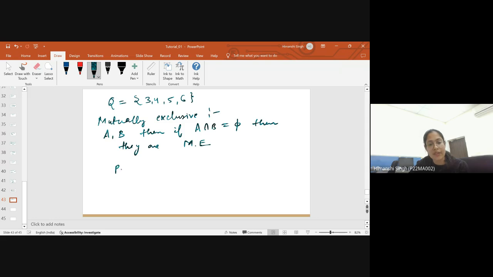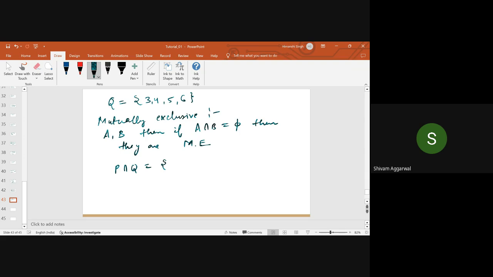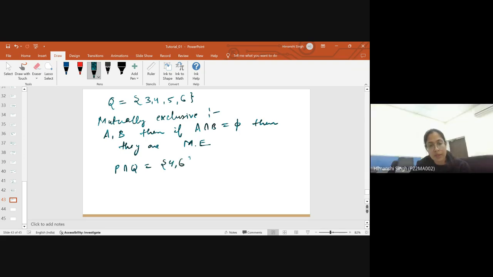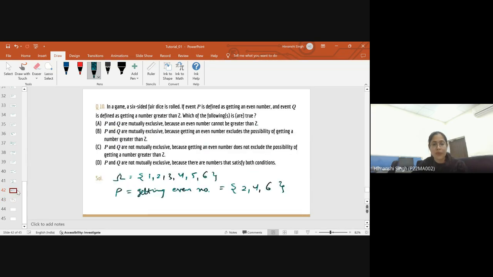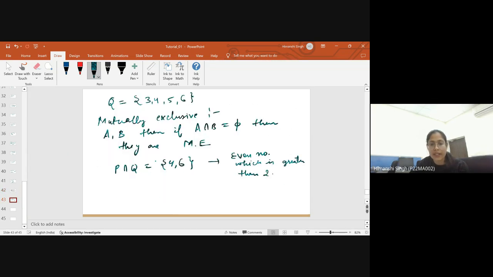So basically P intersection Q is what? 4 and 6. So basically an even number which is greater than 2. So this is basically the name of this event. So these are not mutually exclusive because their intersection is not empty.